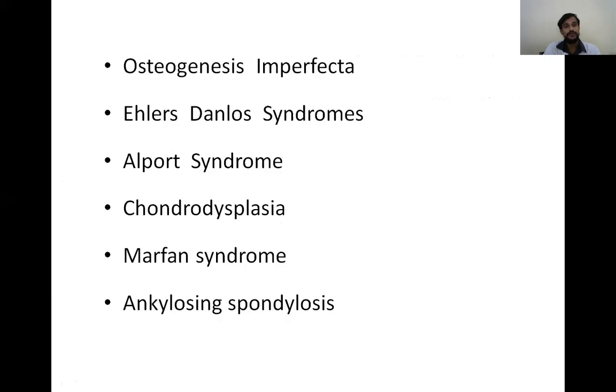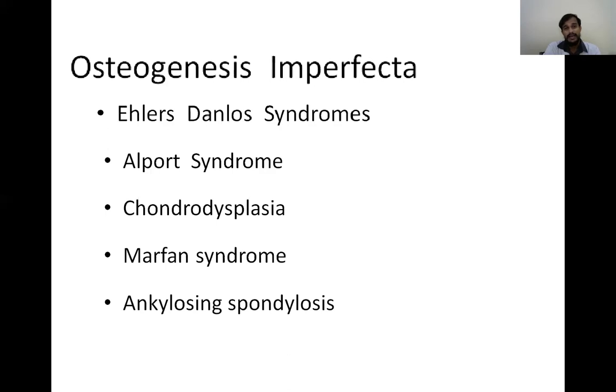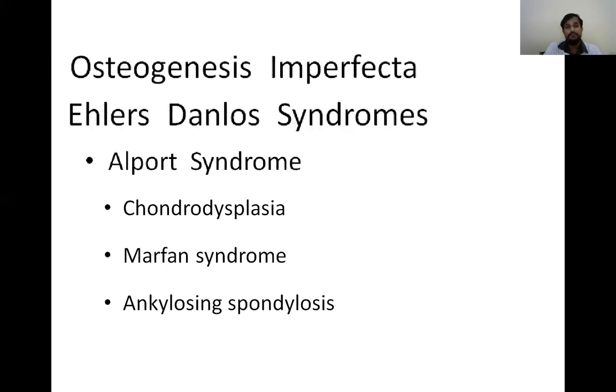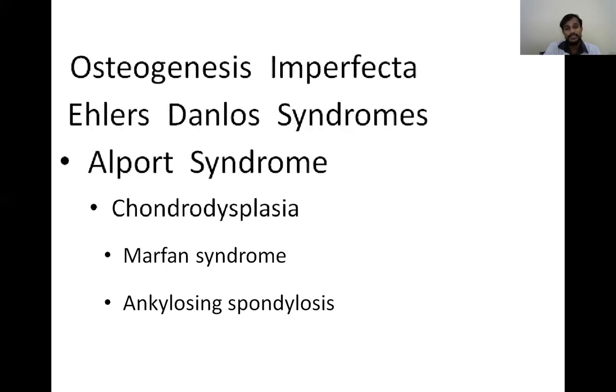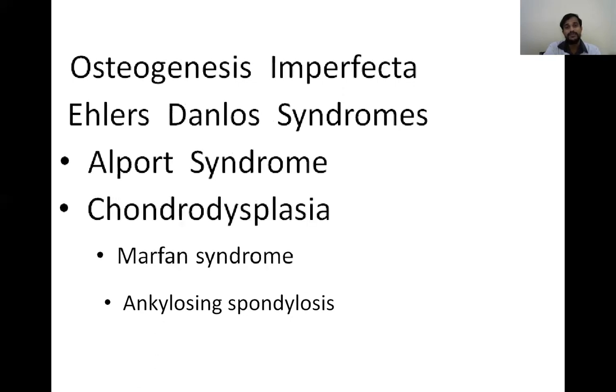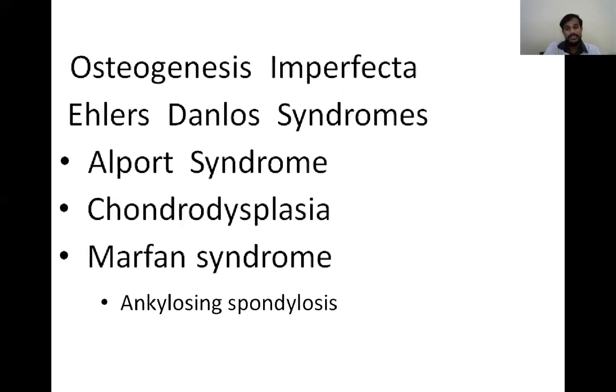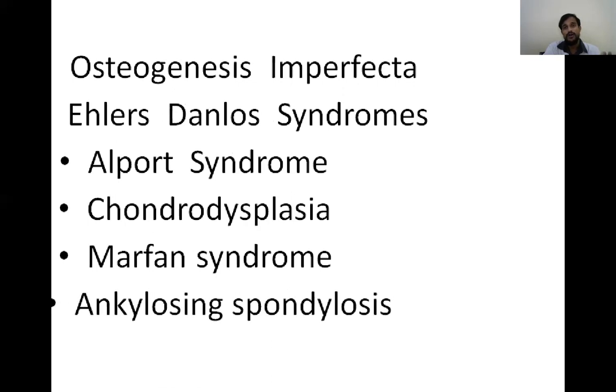And apart from this, osteogenesis imperfecta, Ehlers-Danlos syndromes, Alport syndrome, chondrodysplasia, Marfan syndrome, and ankylosing spondylitis. So all these are diseases due to defects in the extracellular matrix or components of the extracellular matrix.